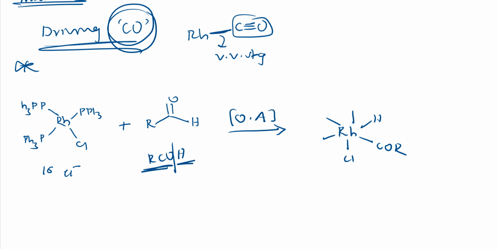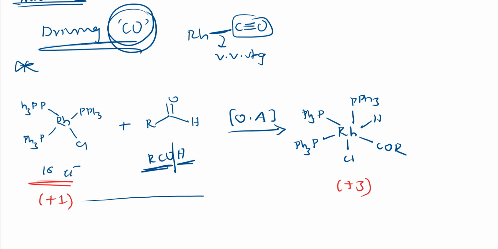If you see the oxidation state of this rhodium, in the 16-electron complex it is +1, and here its oxidation state is +3, and other things are the same. Here PPh3 is there, here also PPh3. The oxidation state is increased by 2 units.